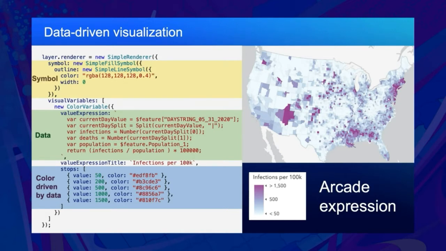This allows me to write a client-side expression to calculate a new value. So when I don't have a data value, I can take existing values in my data and calculate something new. So I know the number of infections, I know my population, I'll calculate the number of infections per 100,000 people using Arcade. And the resulting values I can map to colors that are then applied to my features. We'll show you more examples of this later, but that is fundamentally how visual variables work.